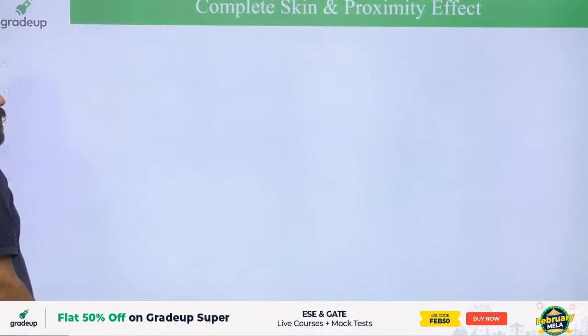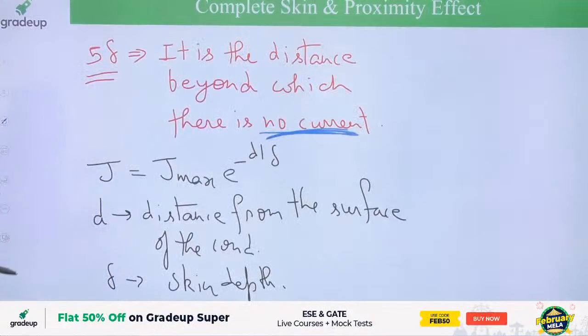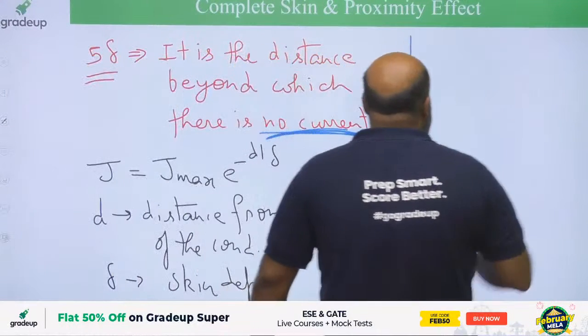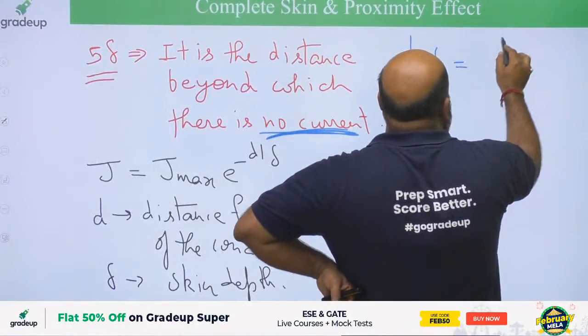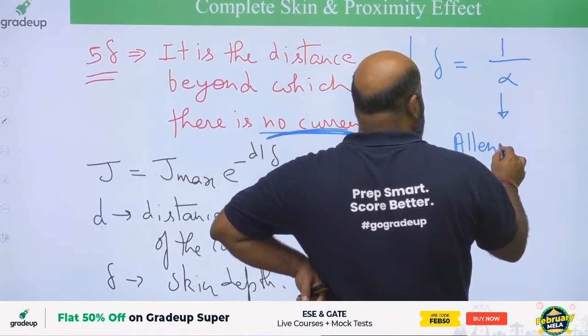Now this skin depth we can define as the inverse of alpha. What is alpha? Alpha is the attenuation constant.